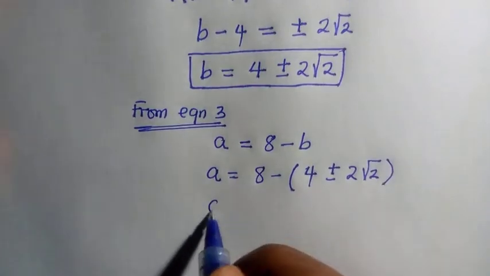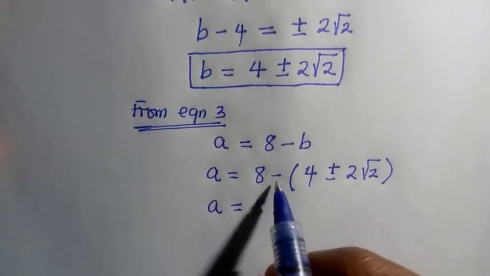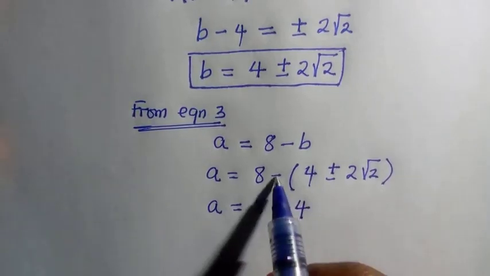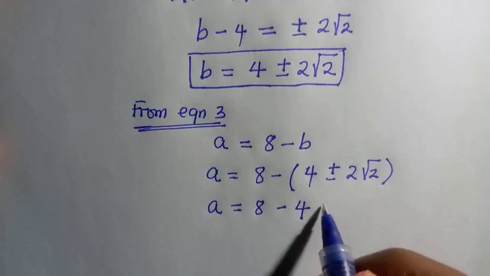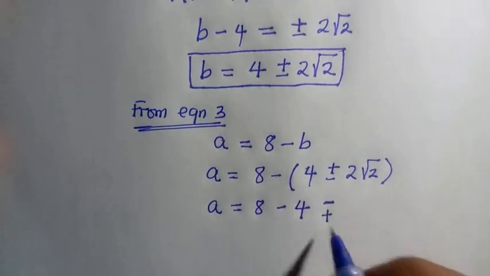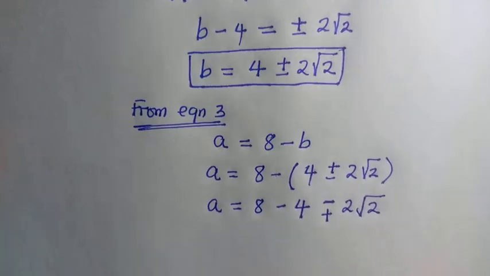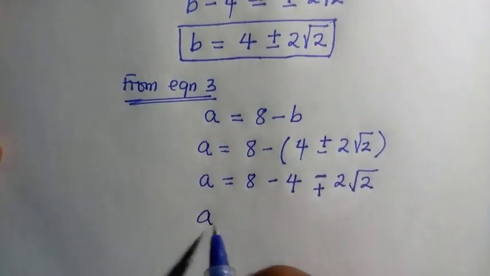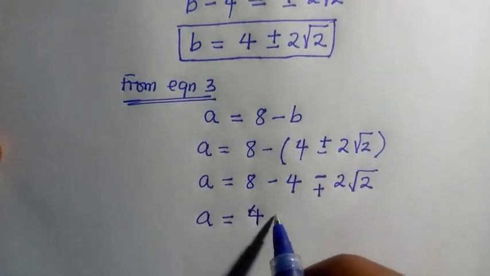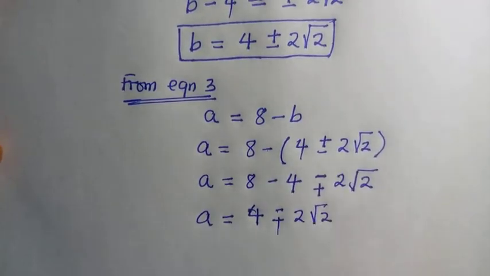We have to expand this with the negative, as the 8 remains 8. Minus multiplied by 4 gives minus 4. Minus multiplied by plus gives minus. Minus multiplied by minus gives plus. The whole of this is 2 root 2. So 8 minus 4 gives us 4, then minus plus 2 root 2.